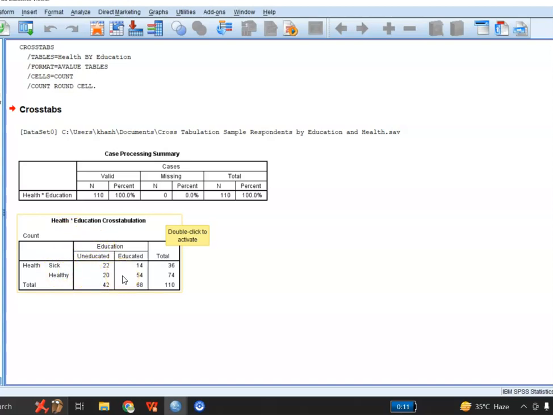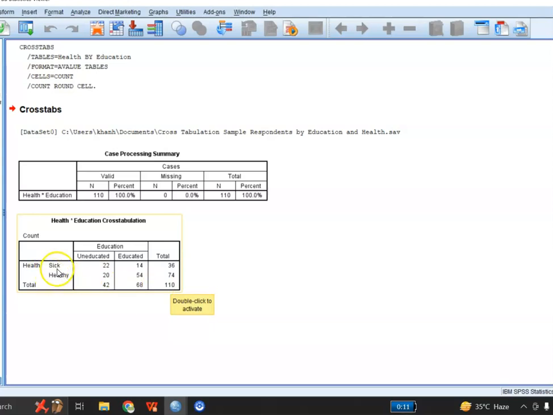This is 2 by 2. So these are the uneducated sample respondents, and these are the educated sample respondents. Total number of uneducated is 42, and the total number of educated respondents is 68. So the total number of all respondents is 110.